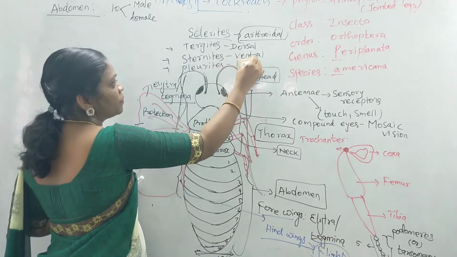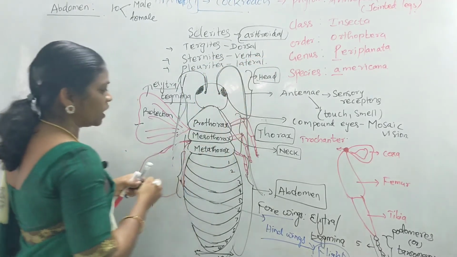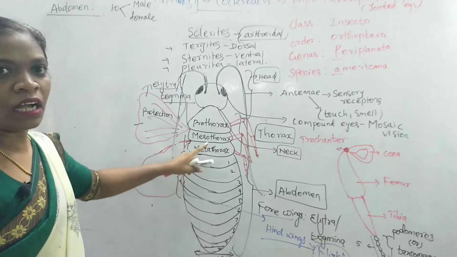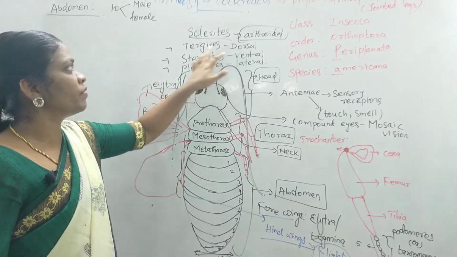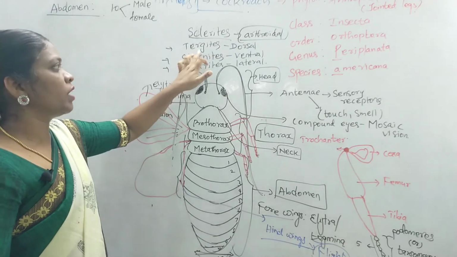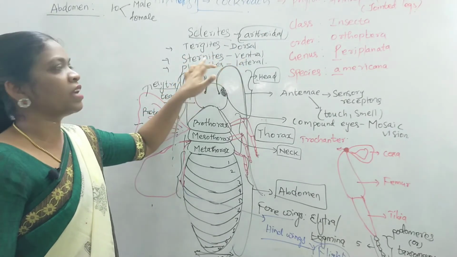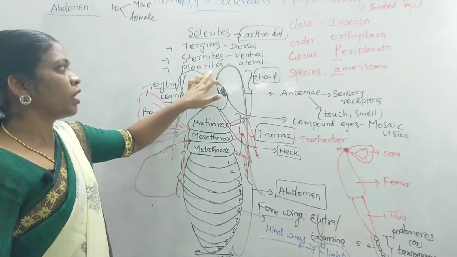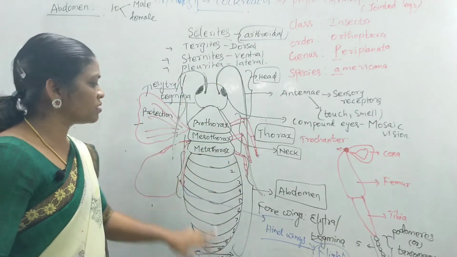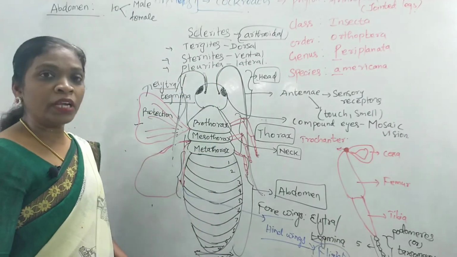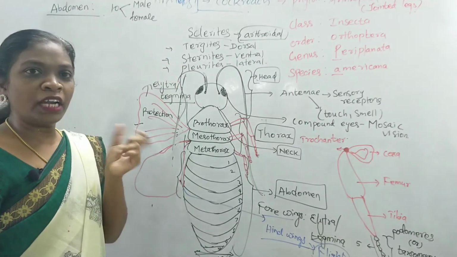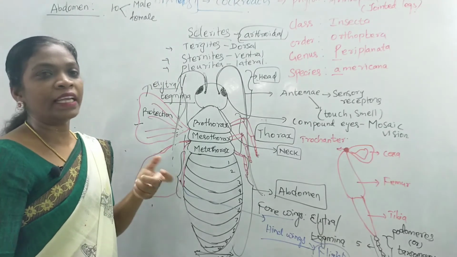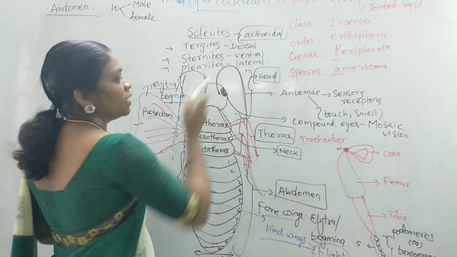So the hard sclerotic plates that cover the body of the cockroach are named tergites on the dorsal surface, sternites on the ventral surface, and pleurites on the lateral surface. All these tergites, sternites and pleurites are joined together by a small delicate membrane known as arthrodial membrane.